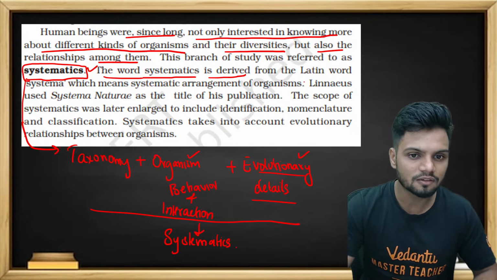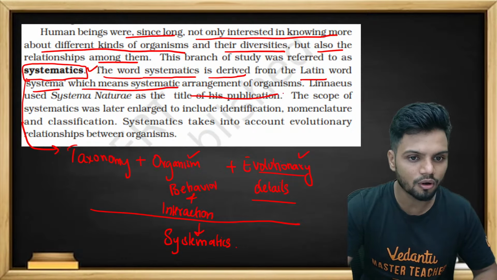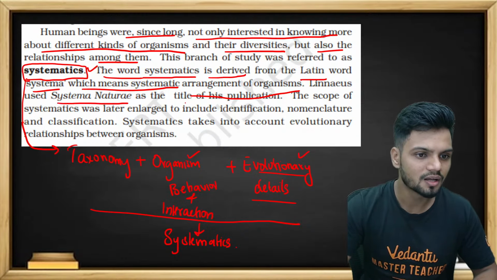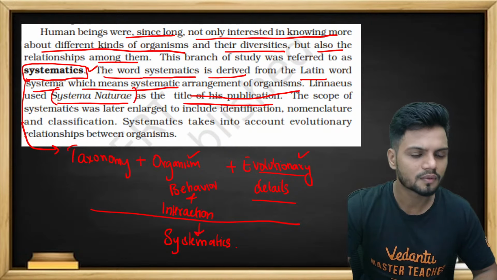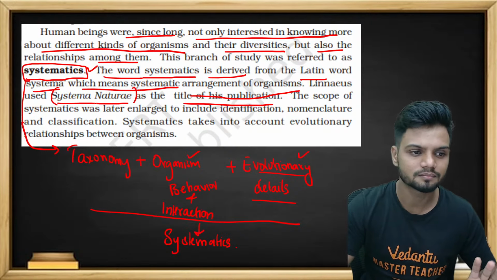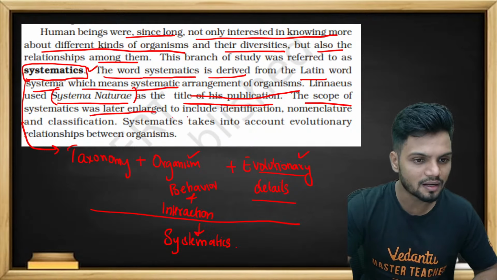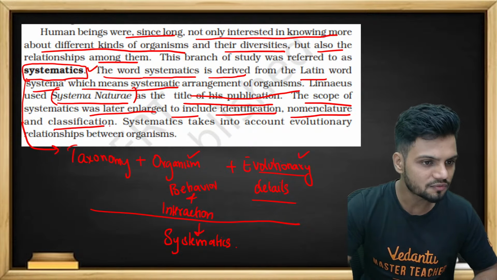The word systematics is derived from the Latin word systema, which means systemic arrangement of organisms. Linnaeus used Systema Naturae as the title of his publication. So this can be asked as a question: name the book by Carl Linnaeus, Systema Naturae. The scope of systematics was later enlarged to include identification, nomenclature and classification.